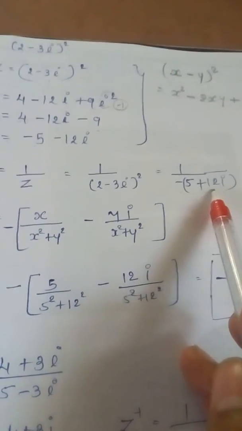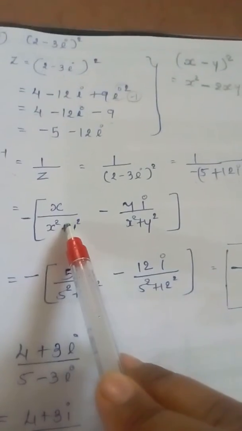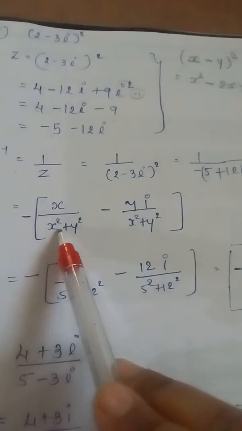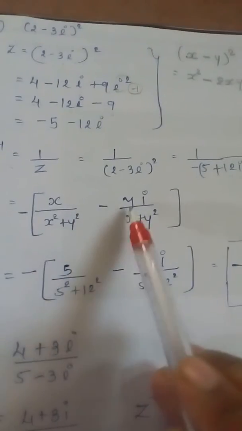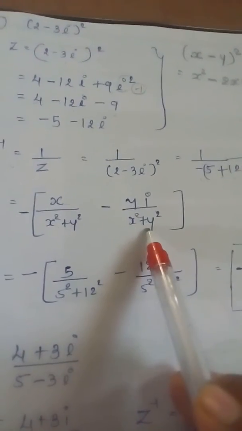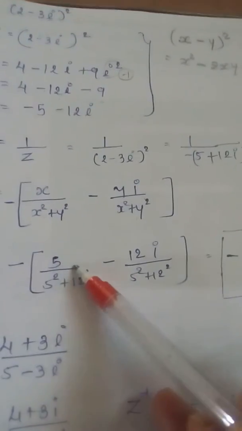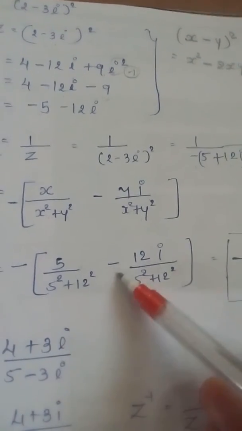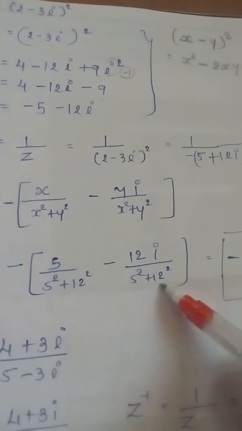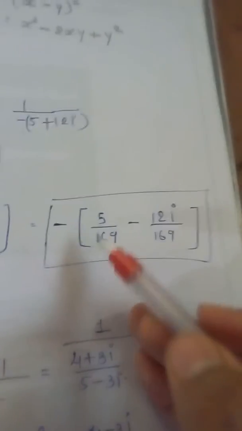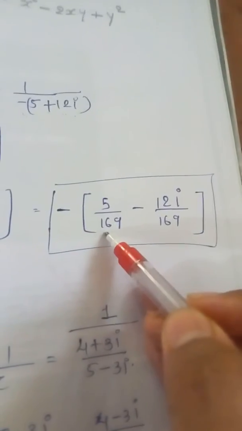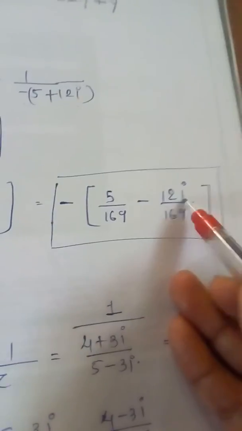Now solving this by the equation, x by x square plus y square minus yi by x square plus y square, the result will be minus 5 by 5 square plus 12 square, minus 12i by 5 square plus 12 square. So the answer will be minus 5 by 169 minus 12i by 169.